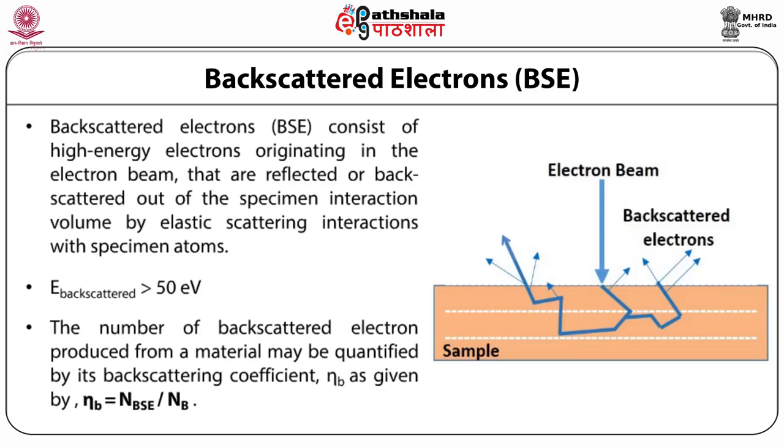Neglecting the effects of E0, the above equation, eta b equals n BSE divided by n B, yields a good approximation for the coefficient eta b. The backscattered electrons respond to composition, allowing atomic number or compositional contrast.